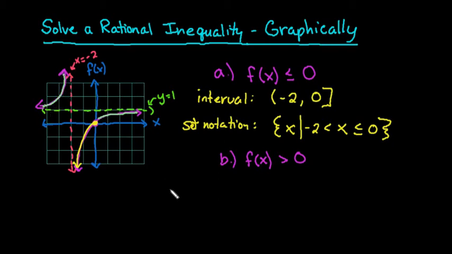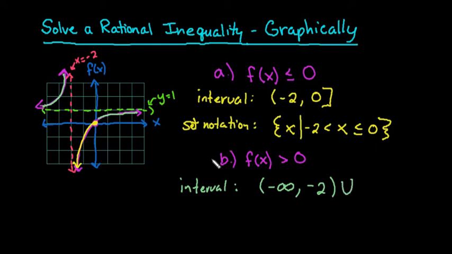So if we start all the way to the left, and remember that x is going this way, starting over here, we can say that starting from -infinity, all the way up until this asymptote at -2, remember it does not include -2, our output would be positive.